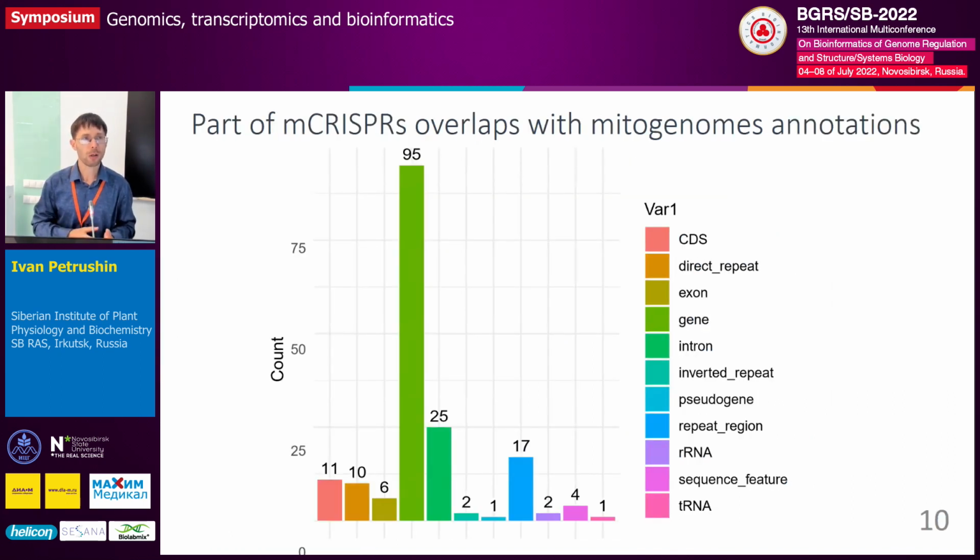We also analyzed the overlapping of CRISPR loci with the existing annotations in mitochondrial genomes. Most of them overlap with the coding sequences and introns.